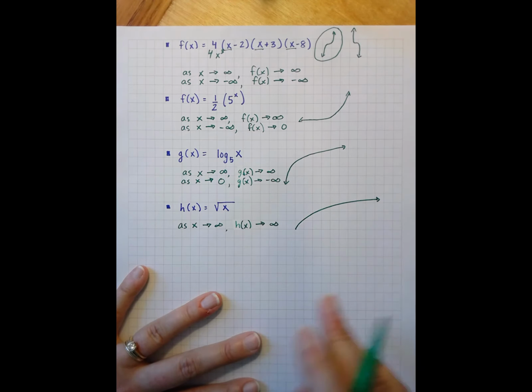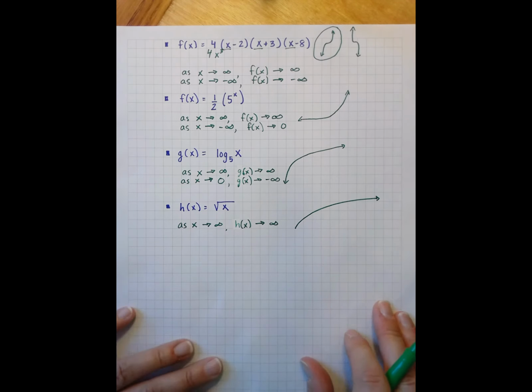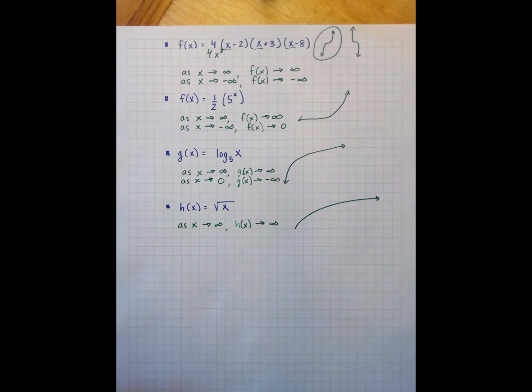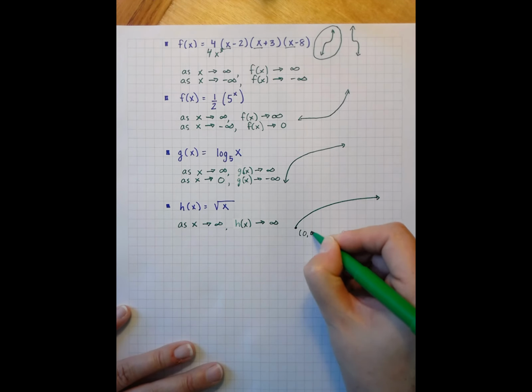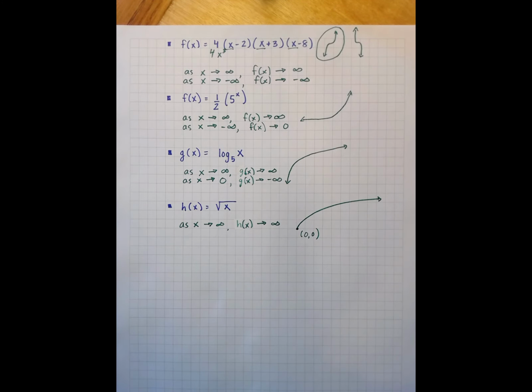It gets bigger and bigger and bigger, more slowly than an exponential, but it does. But in this case, we have a bottom. We actually have a minimum point here of 0, 0. So we don't really have a place where we can say, well, as x gets more negative, it's smaller. It doesn't. It stops at 0.